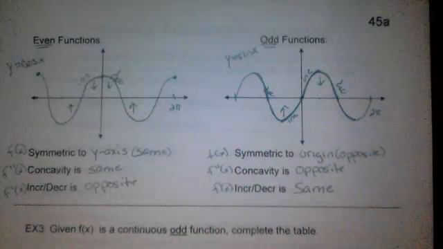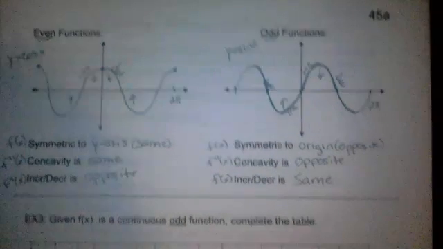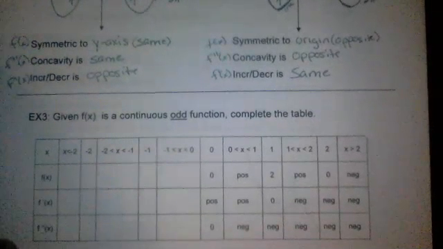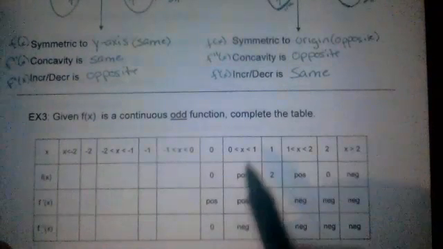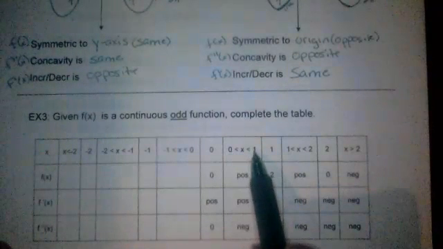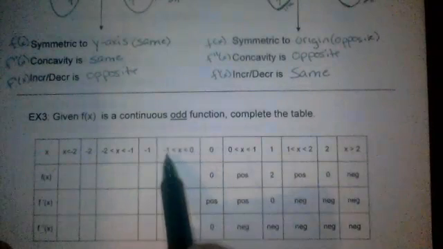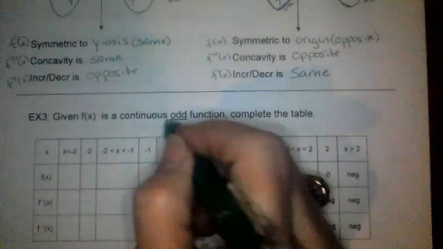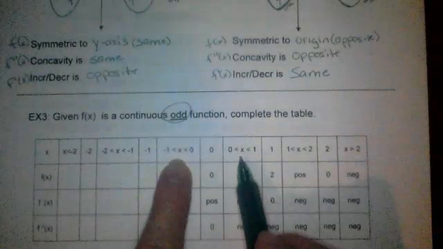So using that information, we're going to fill out this little chart here. And if you'll look, the intervals here, 0 to 1, 0 to -1. So this is either side of our y-axis. This one is an odd function. Whatever the graph of this is odd.